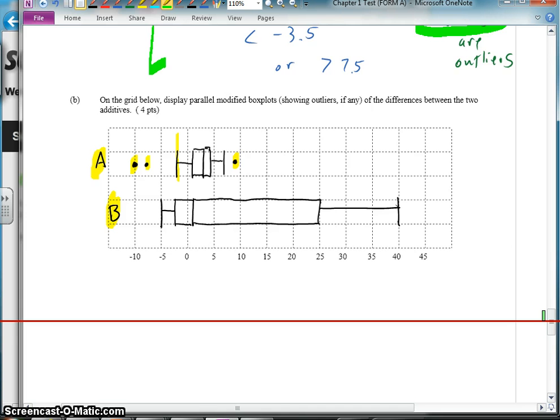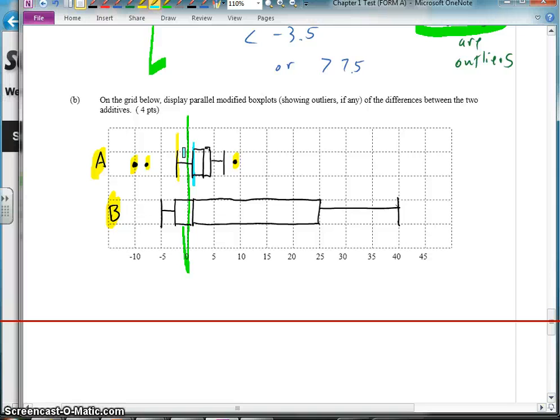Increasing gas mileage would mean when the difference was greater than 0. If I look at the box plot right here, that's the cutoff. Everything to the right of that 0 is an increase in gas mileage. If we look at additive A, we can see that Q3 is above 0, which means that more than 75% of cars using additive A increase gas mileage.